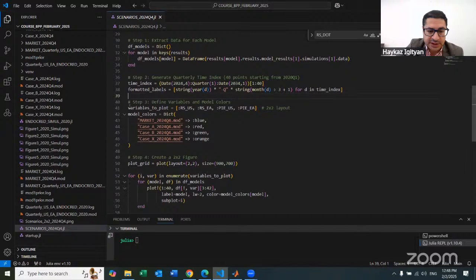Then we are setting here variables to plot, so interest rate, inflation, and using these model colors, we are choosing the color of the lines: blue, red, green, orange. You can also choose the type of the line, solid or dotted or whatever. Just study this.